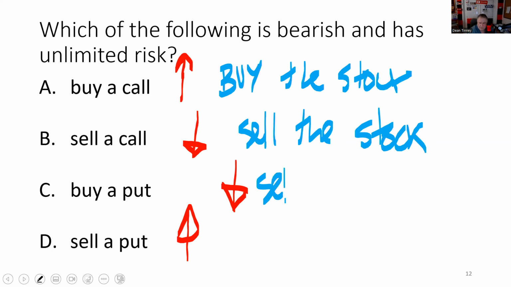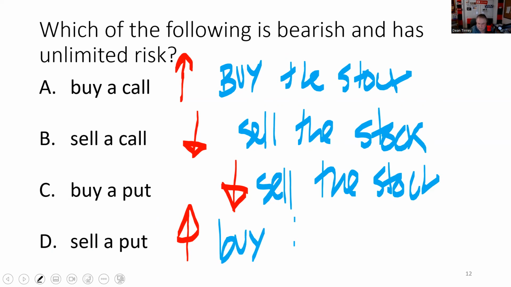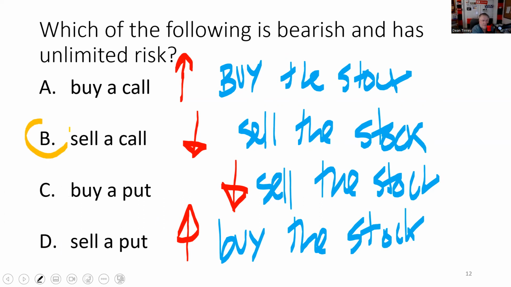This is a choice to sell the stock. And ultimately, once it says that I am bearish, I know that it's either going to be this or this.